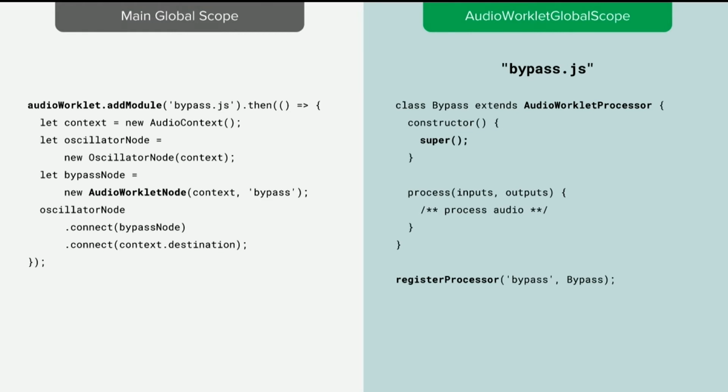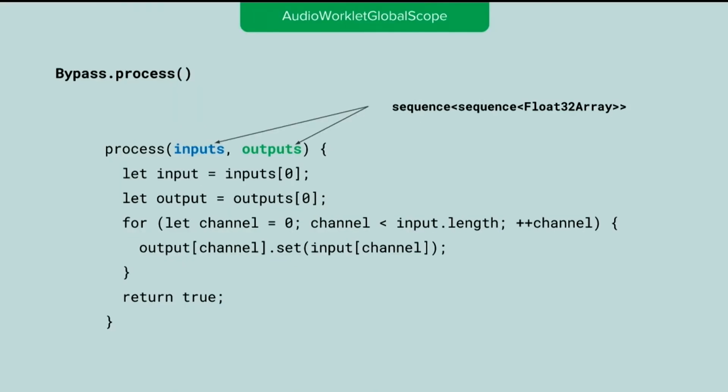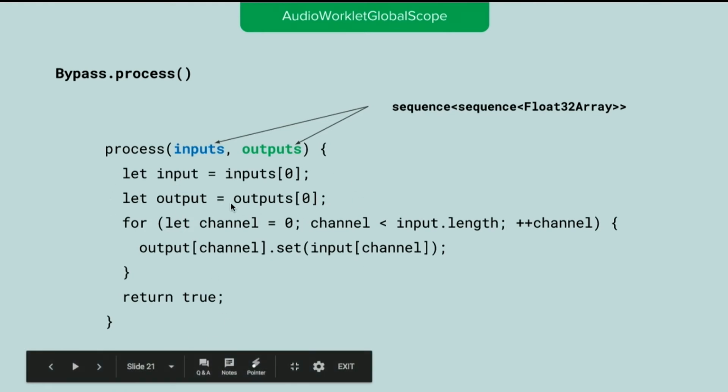So let's look at this process method. This is how you use it. The arguments of this process method are inputs and outputs. An audio node can have multiple inputs and outputs, so we just added an S for the plural. Basically, the first two lines of this method get the first input and first output.